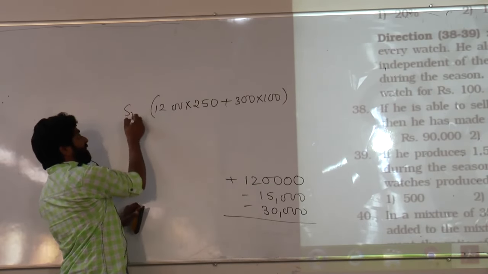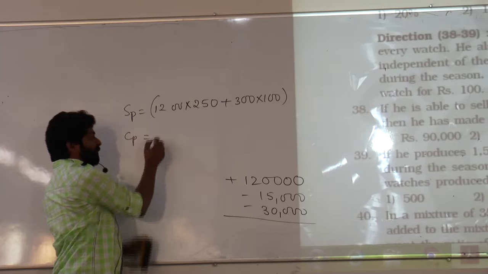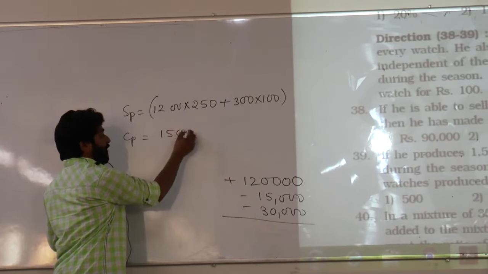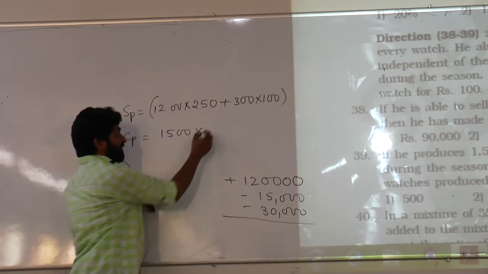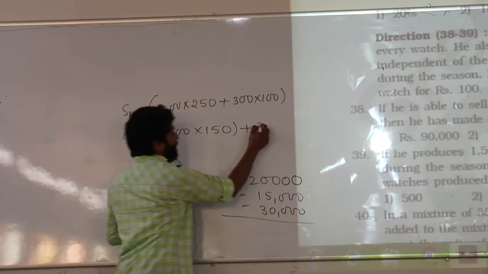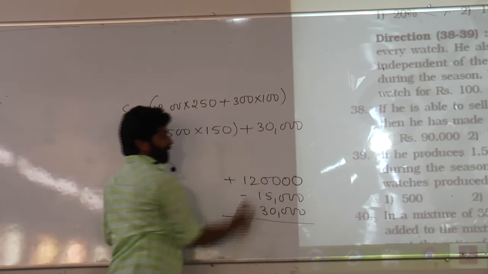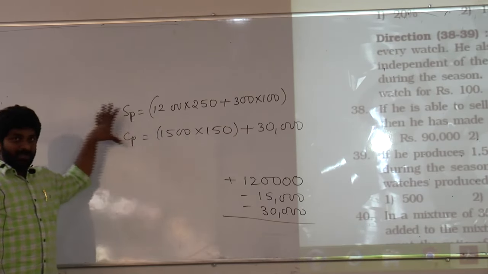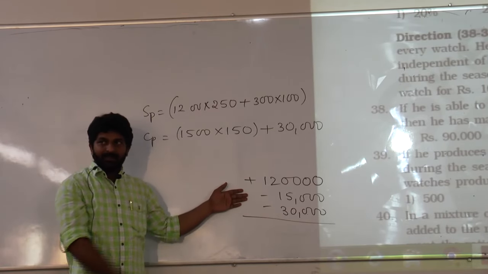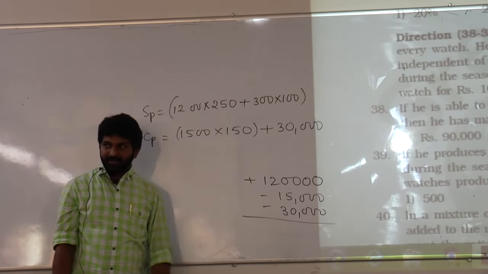This is the total selling price. And the total cost price of 1500 watches: cost price of each watch is 150 rupees, plus we have some extra expenditure which is 30,000. You need to calculate these two values and then take the difference, which is not at all required if you go for the previous method. That is simple addition and subtraction.